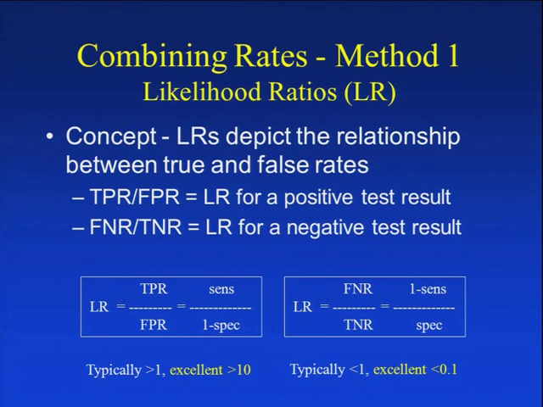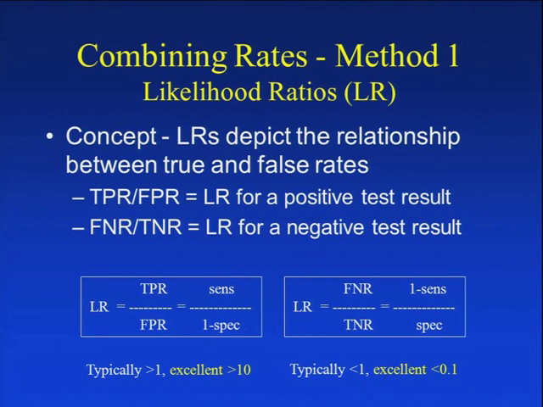We flipped it over so that we're not talking about the same numbers scale. If the false negative rate is smaller than the true negative rate, then you'll have a less than 1 likelihood ratio for a negative result. And if it's 1/10 of the true negative rate, you have a really excellent negative likelihood ratio. Again, run through them and you'll get a sense of how they relate to each other.